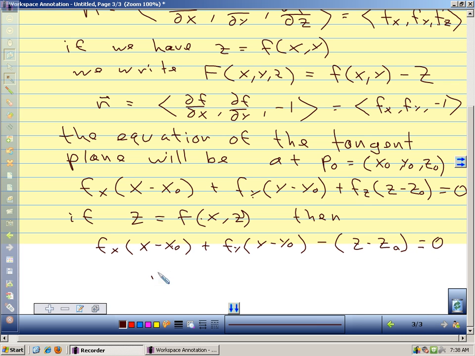And that will be the equation of the tangent plane. Did you mean z equals f plus y? Yes, that should be f of x, y. Thank you.